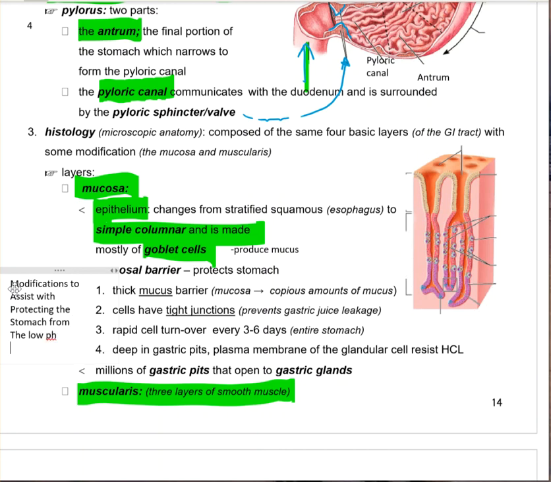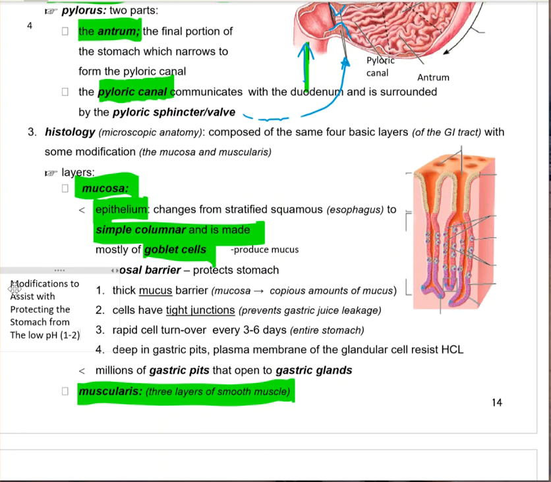Now, we haven't really talked about the pH yet, but the hydrochloric acid that the stomach produces to help break down and denature proteins is very low. The pH tends to be around 1 to 2, right? That would destroy most of our cells in our body. If I had pH 1 or 2 hydrochloric acid, I put it on your skin, it would burn you.